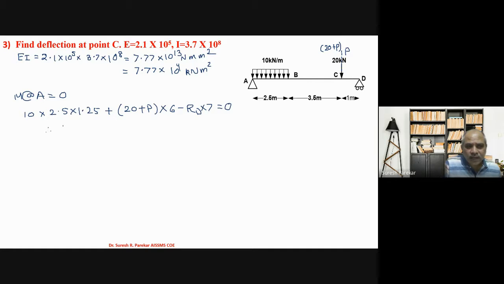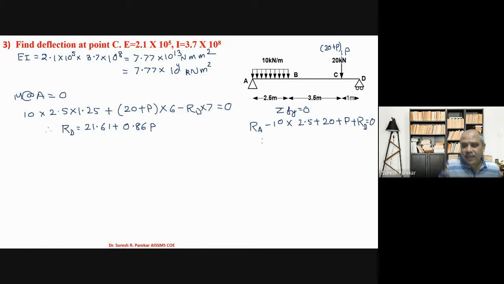And from this we will get the value of RD equal to 21.61 plus 0.86P. Now if we apply summation Fy equal to 0, then we get RA minus 10 into 2.5 plus 20 plus P plus RD equal to 0.